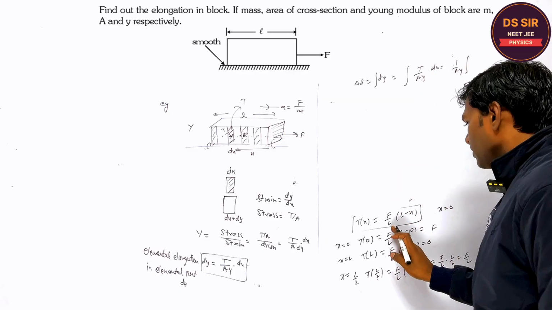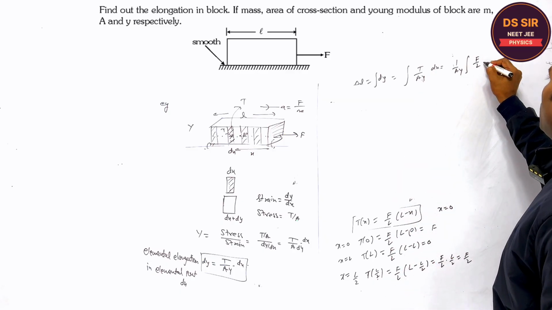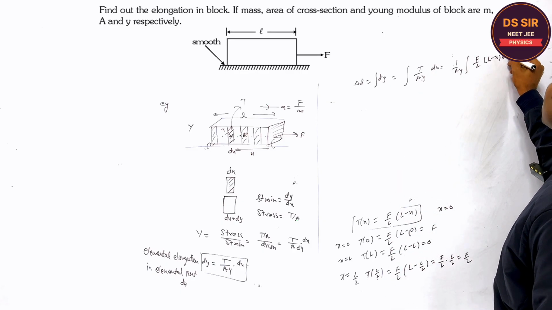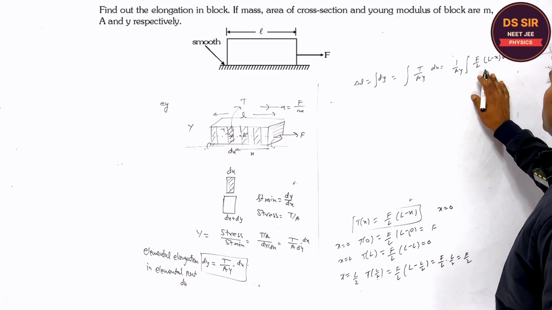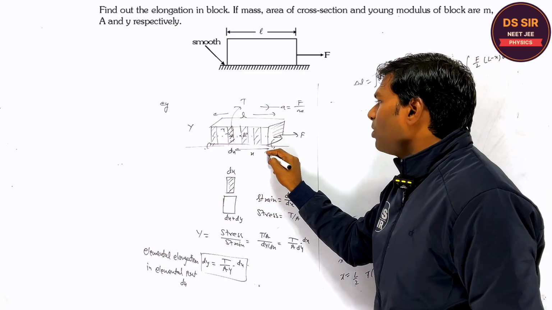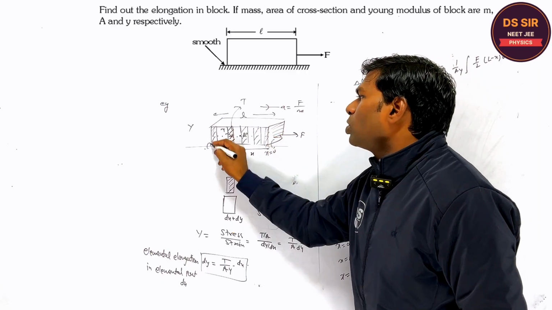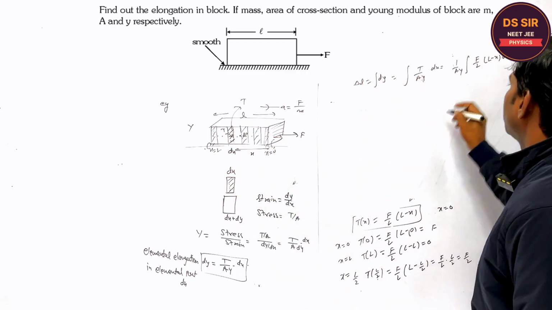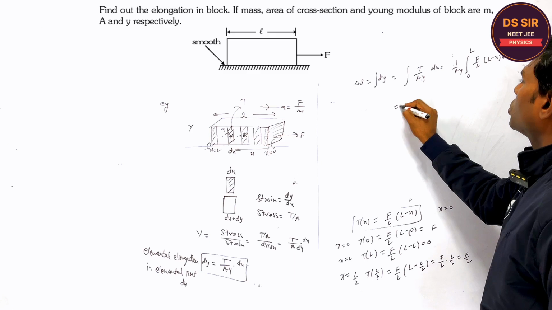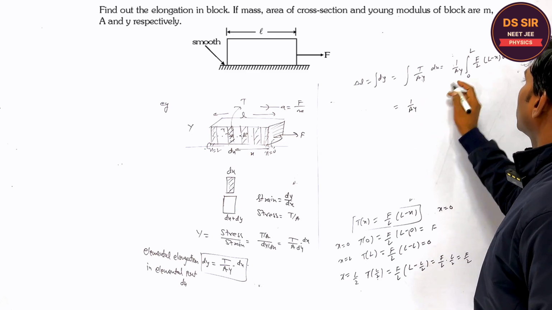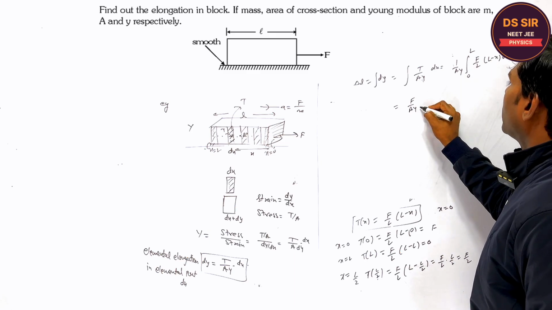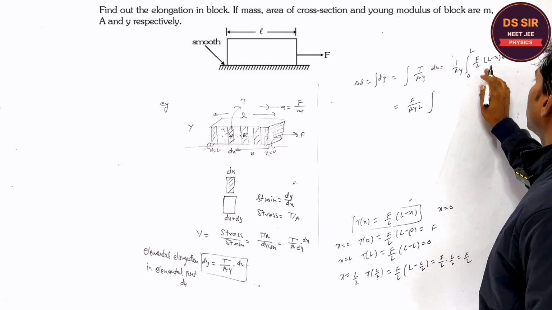What is the tension? It is F upon L into (L minus x) into dx, and x varies from 0 to L. So it is 1 upon A Y. The F upon L comes out of the integration.